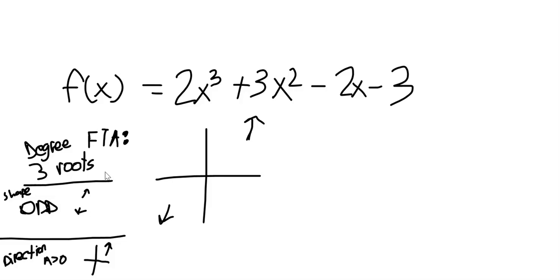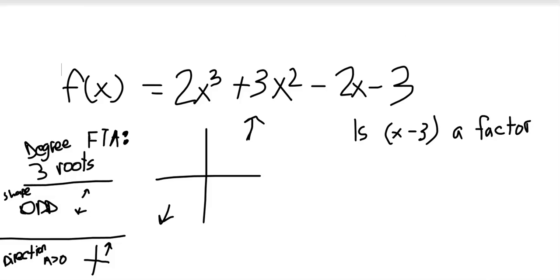Now, synthetic division would help me determine what my roots are. So like if I were asked a question like, is x minus 3 a factor of this function? We could use synthetic division to see, right?